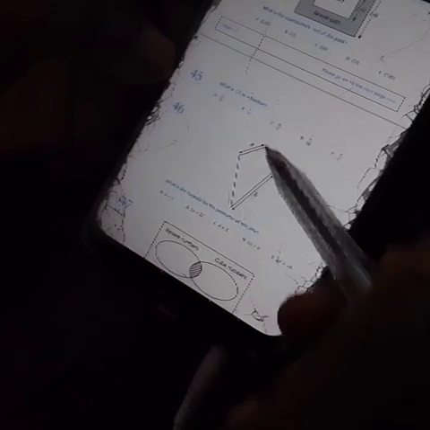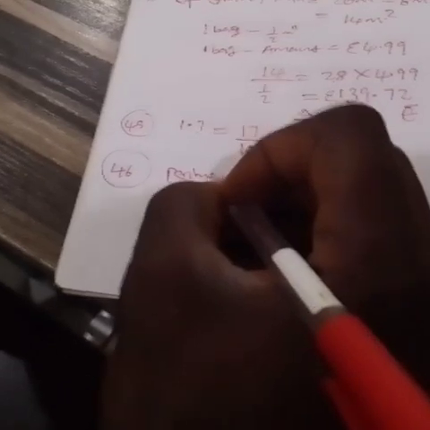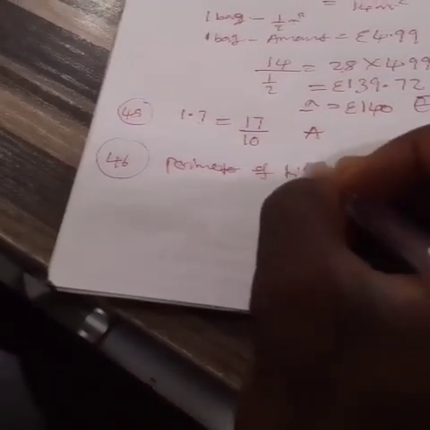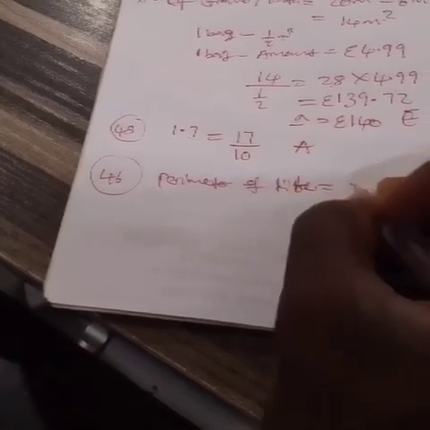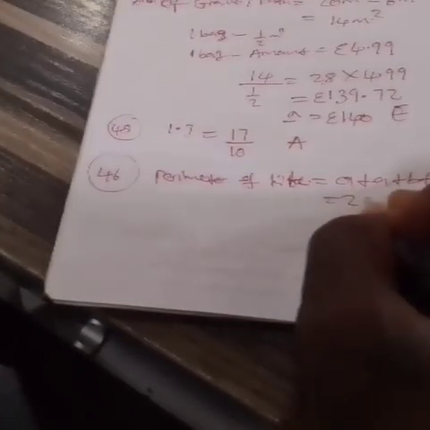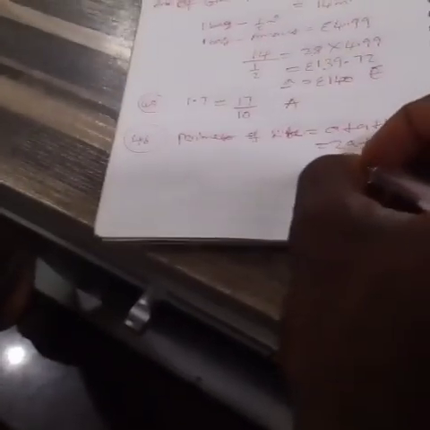If this side is A, this side is A. If this side is B, this side will be B. So the perimeter of the kite will be A plus A plus B plus B, which will give us 2A plus 2B. So if you look at the options, the answer is B.